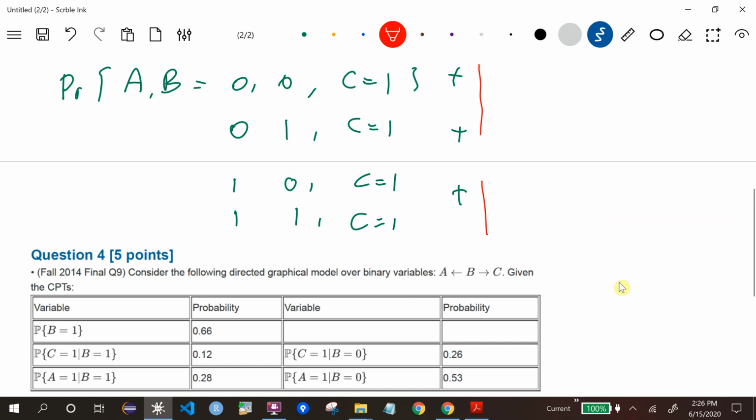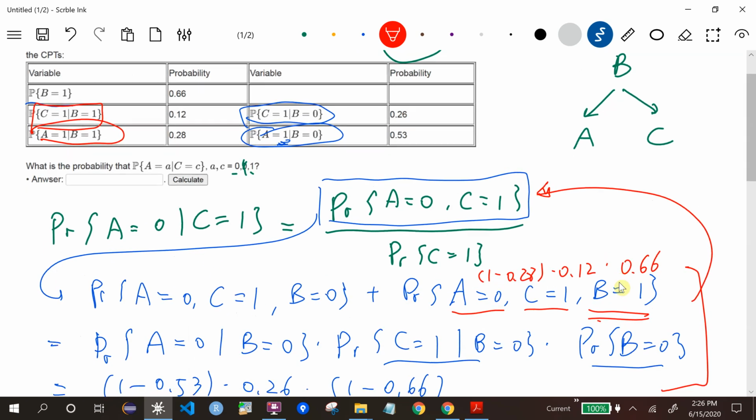The first term: A is 0 given B is 0, this one, 1 minus 0.53. And C is 1 given B is 0, that's 0.26. And at the end, B is 0 is just 1 minus 0.66.